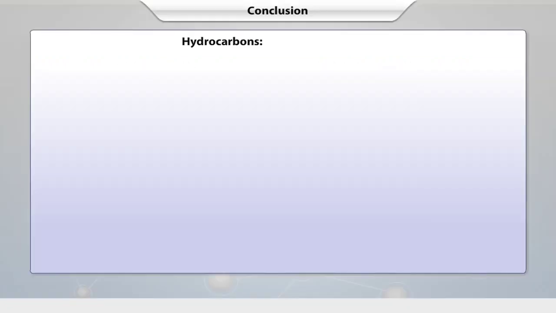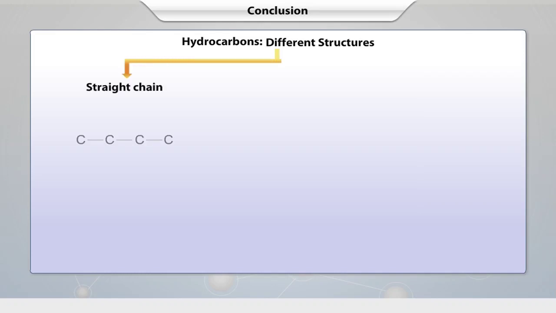To conclude, hydrocarbons can have different structures depending on the bonds formed between the carbon atoms in the hydrocarbon. If the carbon atoms in a hydrocarbon are linked in a linear manner, we get straight chain hydrocarbons.